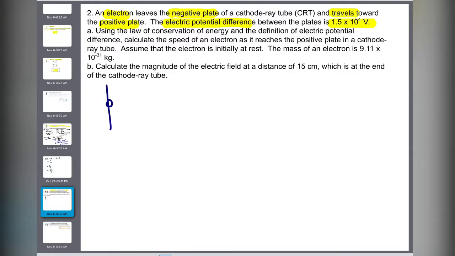You've got an electron, there's a little hole. This is the electron. It goes from the negative plate and going towards the positive plate. Okay, and the potential difference, so delta V is 1.5 times 10 to the 4. Okay, this is a parallel plate.